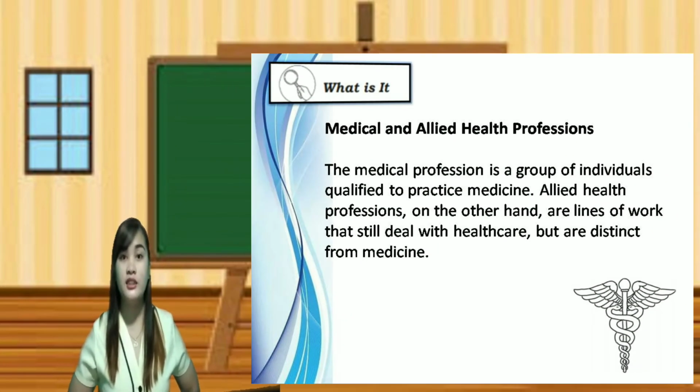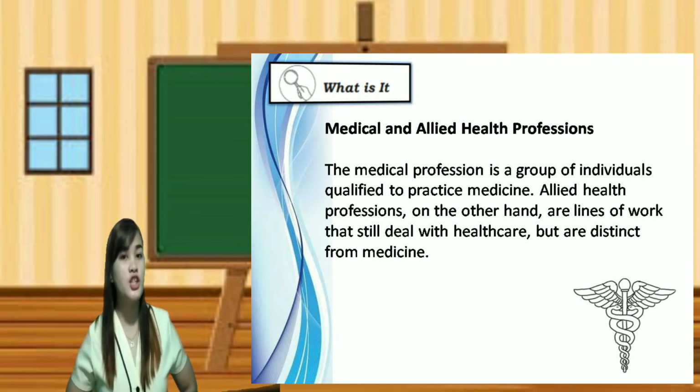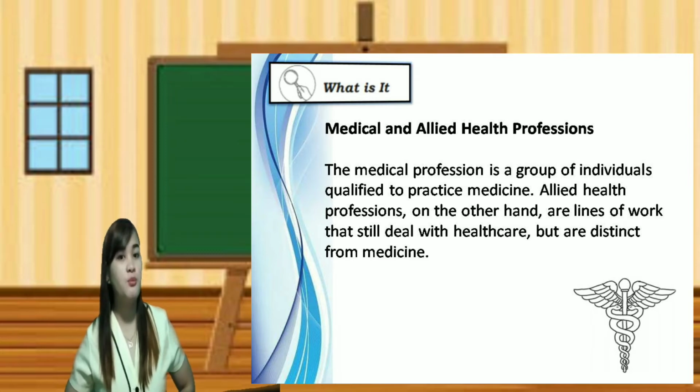Medical and allied health professions. The medical profession is a group of individuals qualified to practice medicine. Allied health professions, on the other hand, are lines of work that still deal with healthcare but are distinct from medicine.